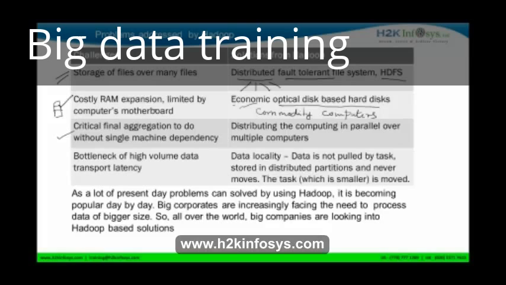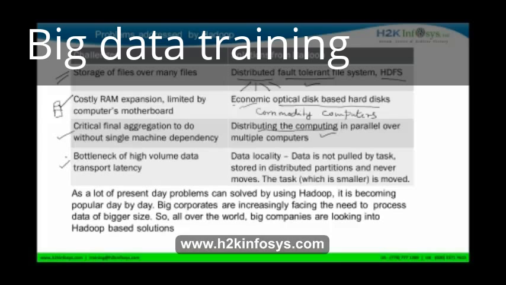Hadoop found out a way to overcome that too. It distributed the computing. Not only did it distribute the data like we were talking earlier, it distributed the computing. So the program started running in parallel over multiple computers. So that way, we didn't have to depend on one single machine.